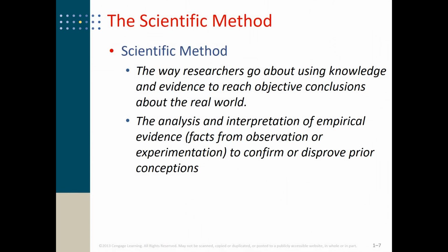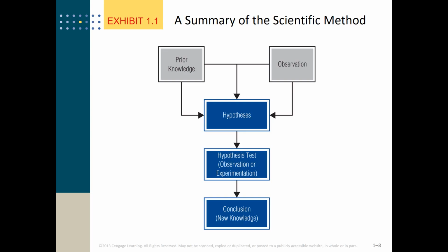Scientific method, as I already discussed, is basically the way researchers use knowledge and evidence to provide an objective conclusion. So scientific method involves these stages. We base our work on prior knowledge and observation, and we develop some hypotheses.